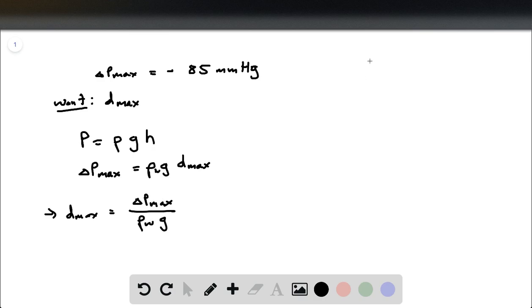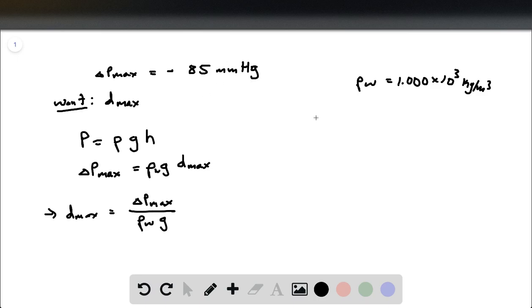And I think it was in table 10.1 where I found that for water, rho, the density, is 1 times 10 to the 3 kilograms per meter cubed. So density is a mass per unit volume. And g is the usual acceleration due to gravity. And we want to use standard SI units for pressure, so that'll be newtons per meter squared.